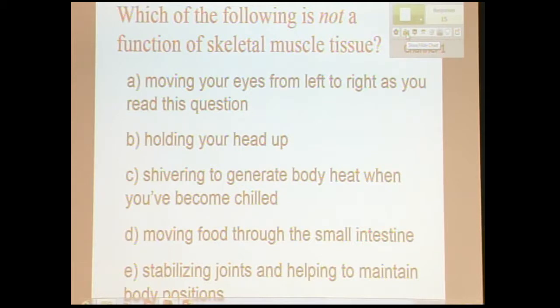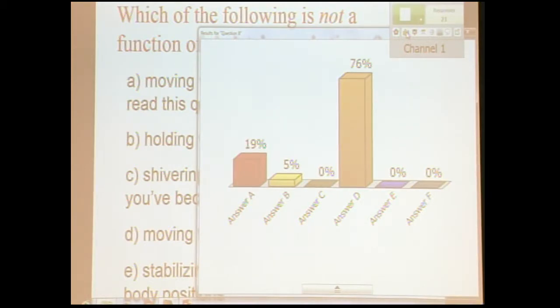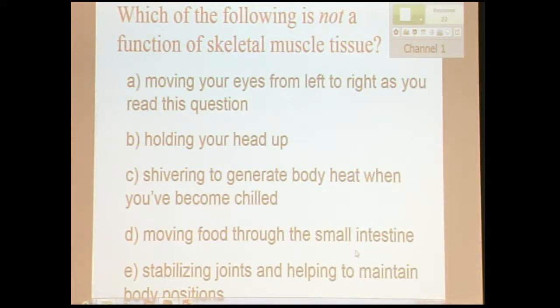All right, final vote. 54, 8, 12. Everybody vote? Just want to make sure they're all working. All right, interesting. So everybody changed to D there, which is the answer. So that's smooth muscle. All the rest of those are skeletal.